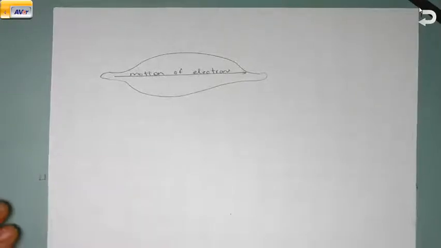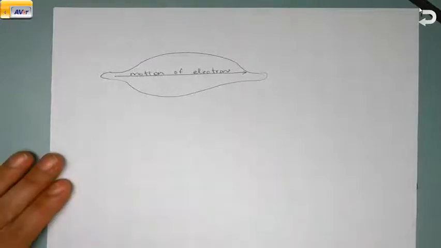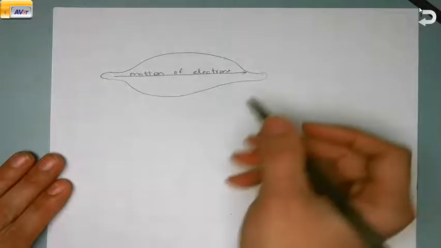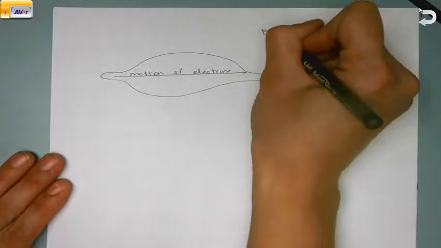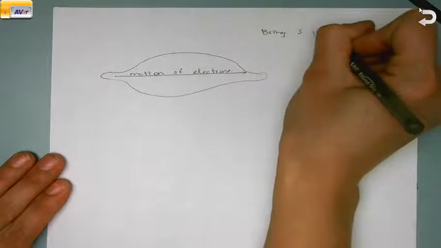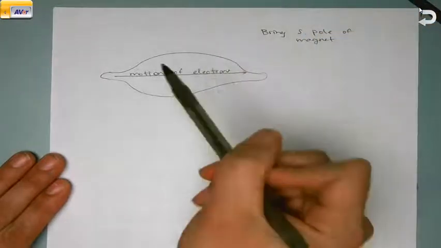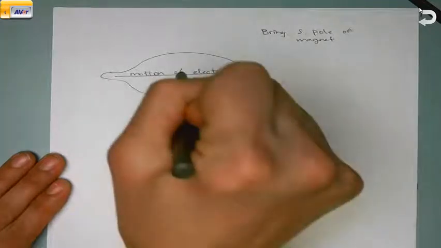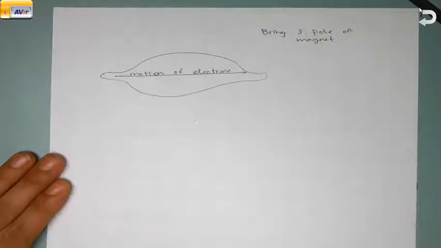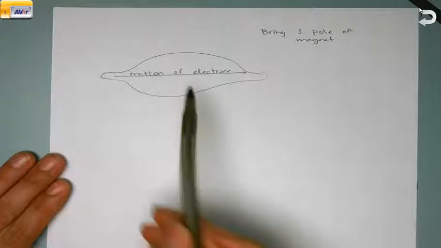So we need to figure out what is going to happen to this beam of electrons as the south pole of a magnet is approached. So what he's going to do is he's going to bring the south pole of the magnet into the beam of electrons. And that is going to basically bring it, as I'm drawing it here, into the page.